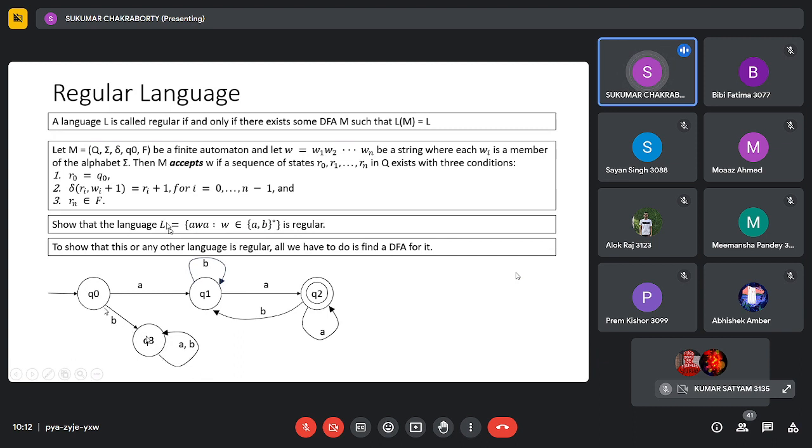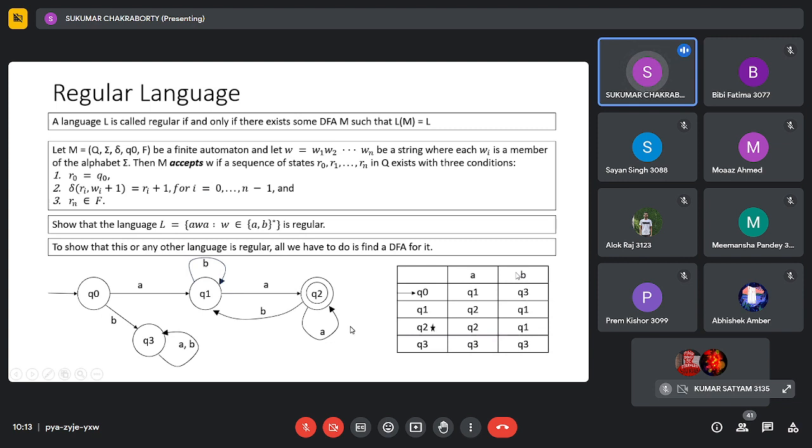The machine cannot come out of this state Q3 if the input starts with B. And after A, if I give lots of B and then A, then it is accepted. But again, if I give a B, it comes back here. So the final state is always reached from different states with an A. The final symbol is A. The first symbol is A, and in between you can have any number of A's and B's. So this is a machine which accepts this language. So this language is a regular language, right?